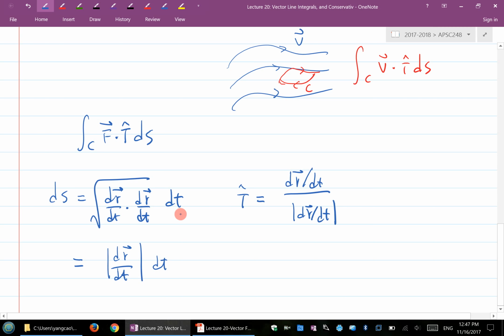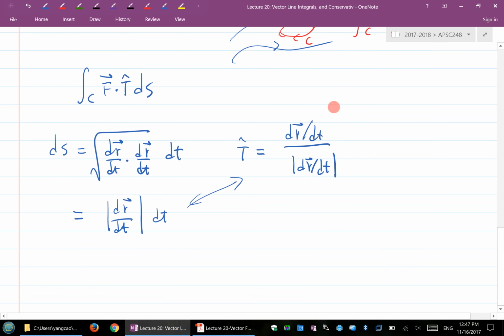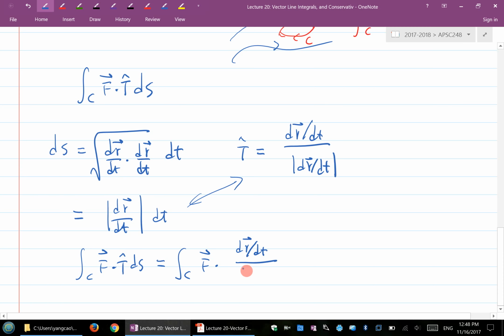So now I'm going to put these two together and put them into this vector line integral formula. Let me write again at the bottom here. So F dot, the t hat is dr over dt over the length of dr over dt. So that's your t hat. ds is this guy here.